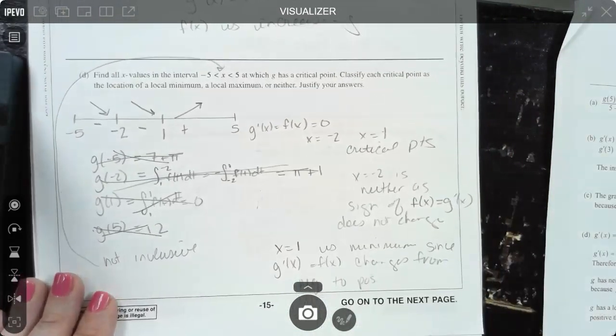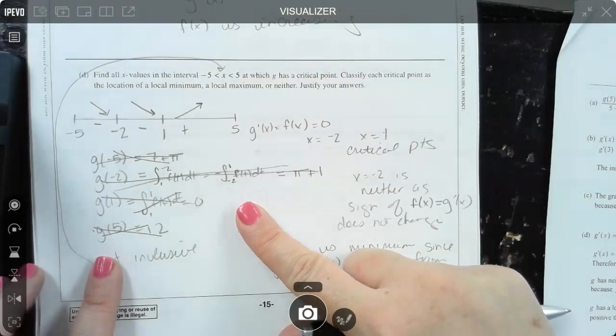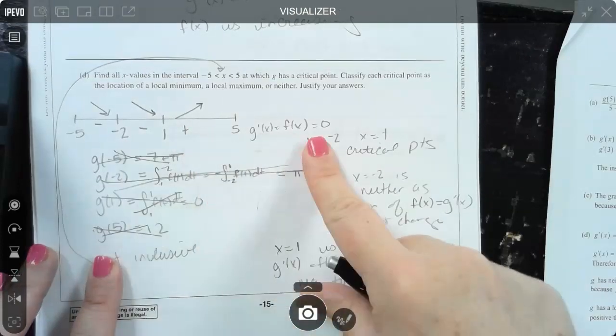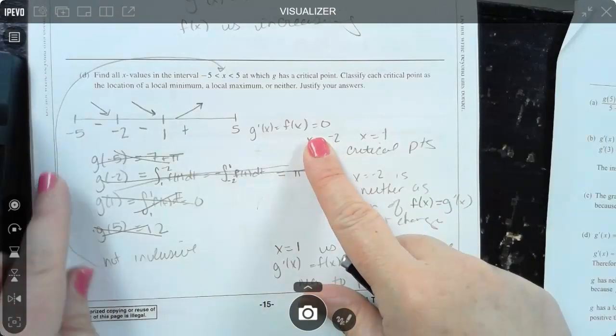Part D. Find all x values in the interval between -5 and 5 at which g has a critical point. Classify each critical point as the location of a local min, max, or neither, and justify your answers. I was working through this and thought, golly, I am doing a lot of work here, because I'm testing every place that the derivative of g is equal to 0.